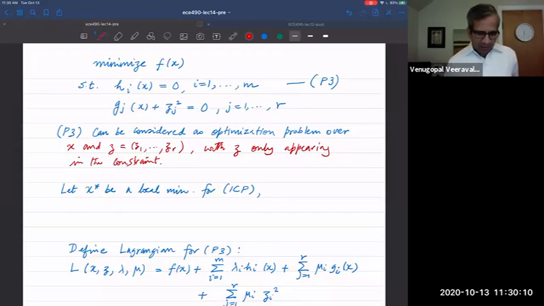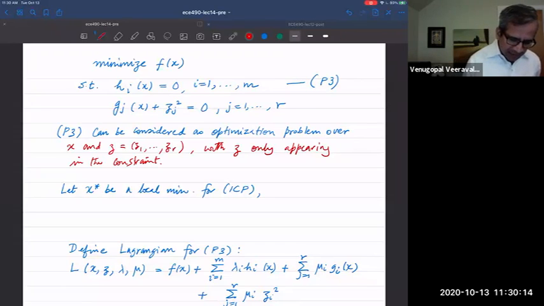Okay, so what I could do is think of this as f of x and z, but where basically that function is really not a function of z. It's constant as z varies. It's only a function of x.